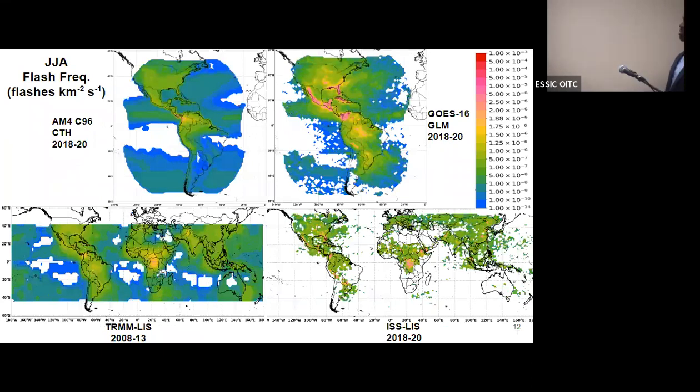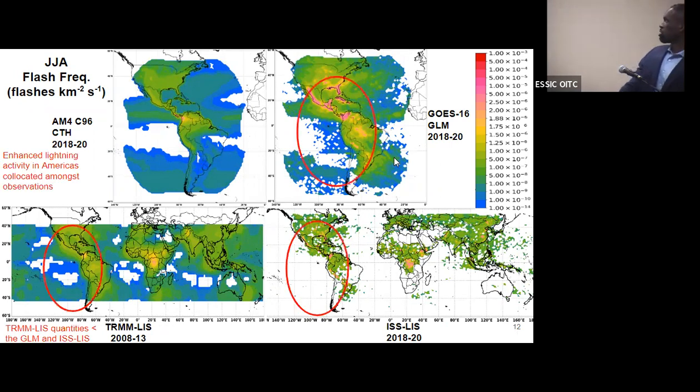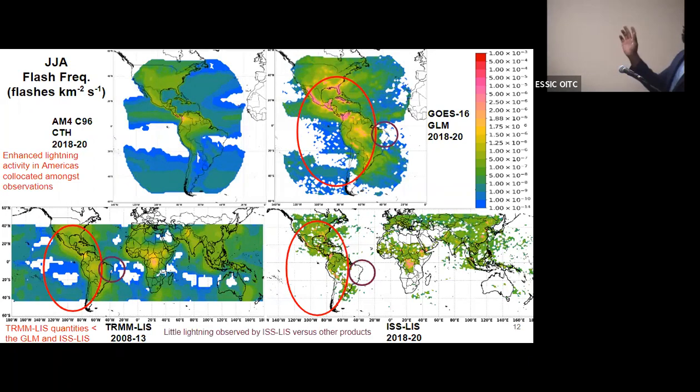And so we move to June, July, and August. With the same products here, we notice that, as you would expect, in the Northern Hemisphere and in the tropics, you have enhanced lightning activity, and the quantities of these are similar.